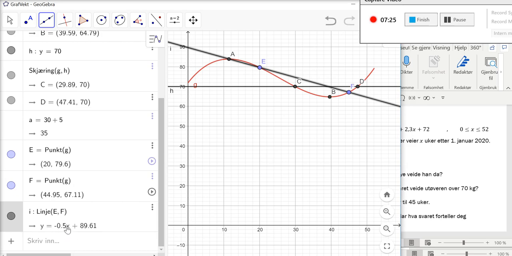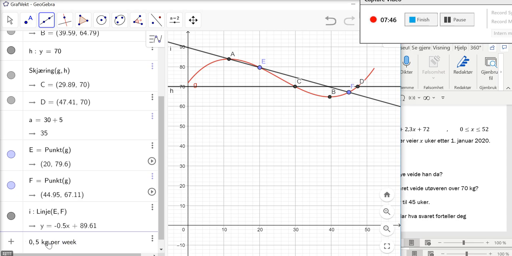And the gradient, stigningstallet, here is minus 0.5, and that's the average change. On average, he loses half a kilogram per week.